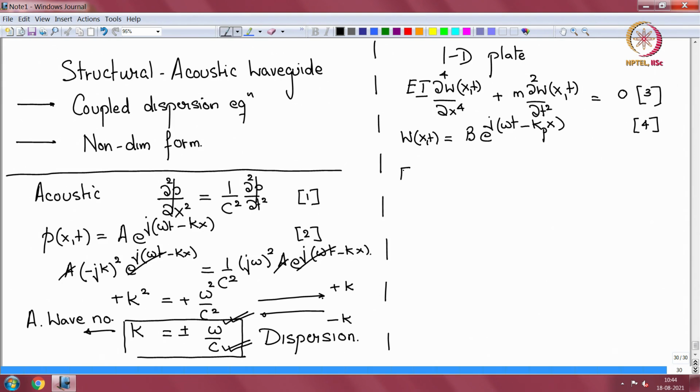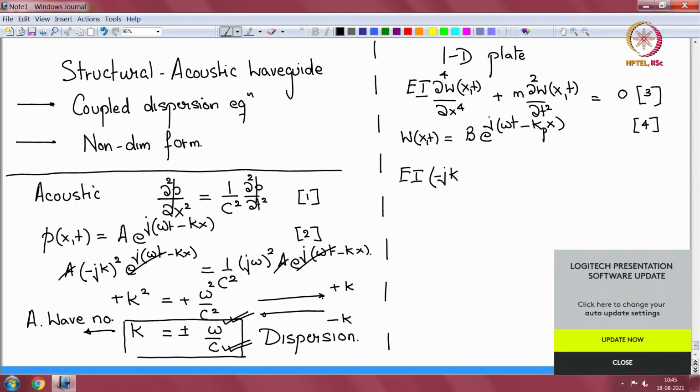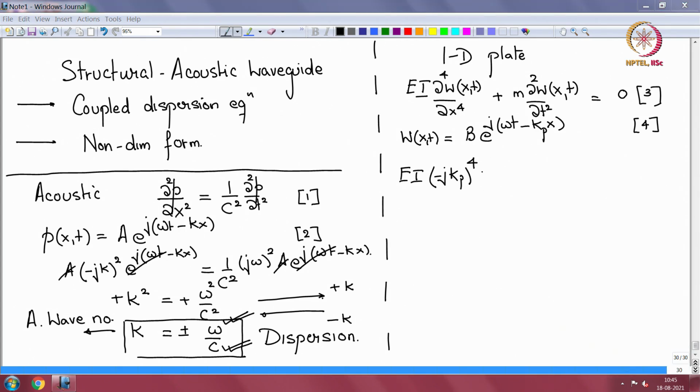So, I will get EI times minus j kp to the power fourth, B e to the power of j omega t minus kpx, plus m, and two derivatives with respect to time give me j omega squared, then B e to the power of j the propagator, that is equal to 0.